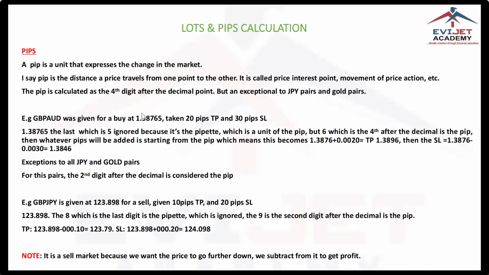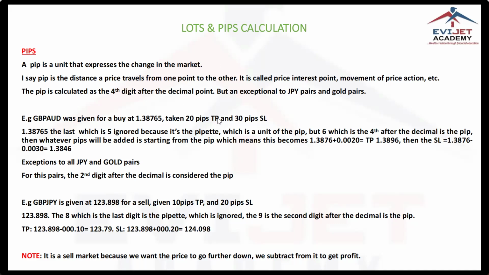This is the price of the asset. This was the entry price. This is where you are buying. Now they say you should take profits. Buying means that the price is going up, which means your take profit will be higher than the entry price.